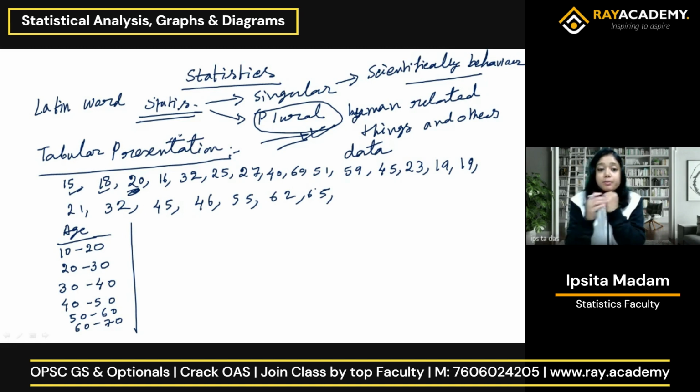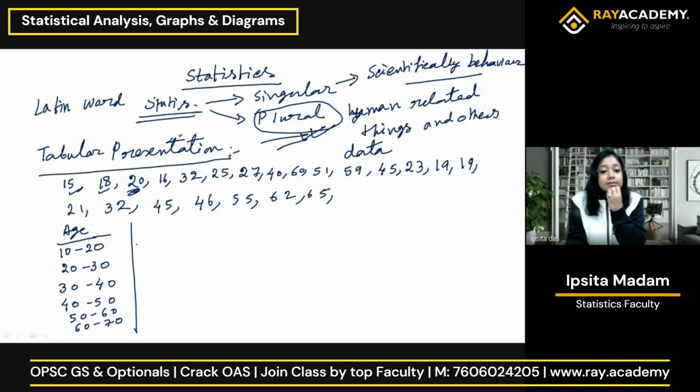It's not possible to count one by one. So how can we calculate better, how many persons are in the range 10 to 20? Any guess?